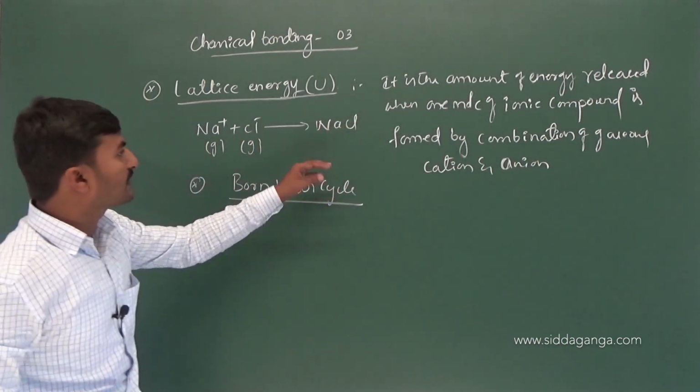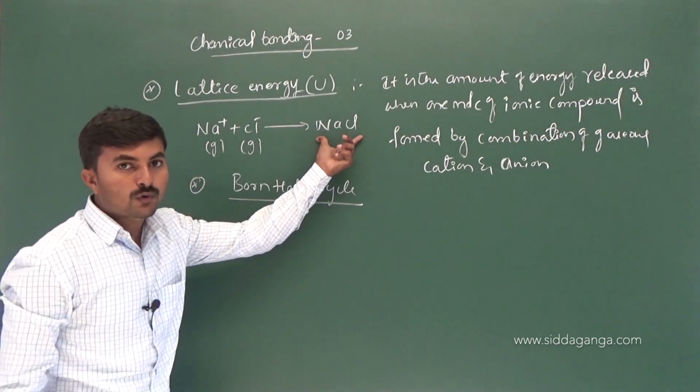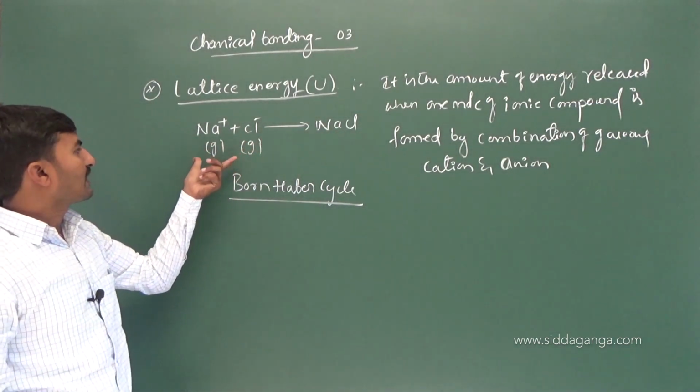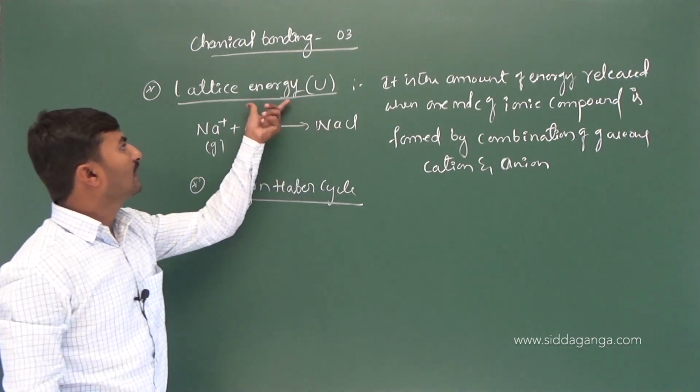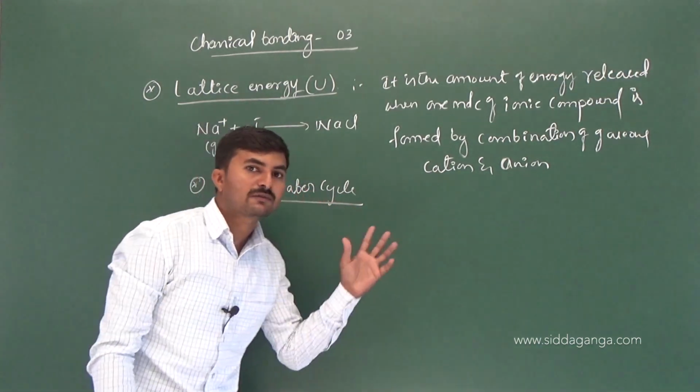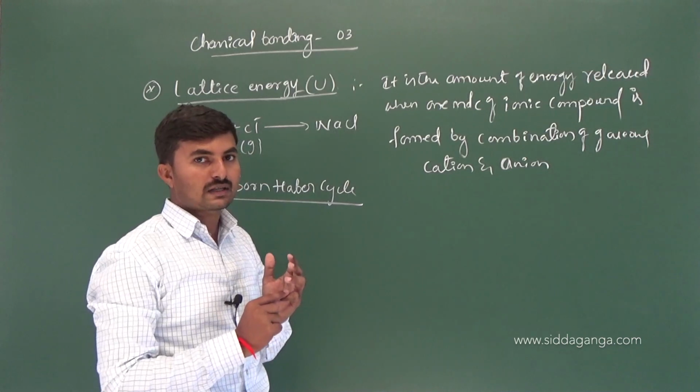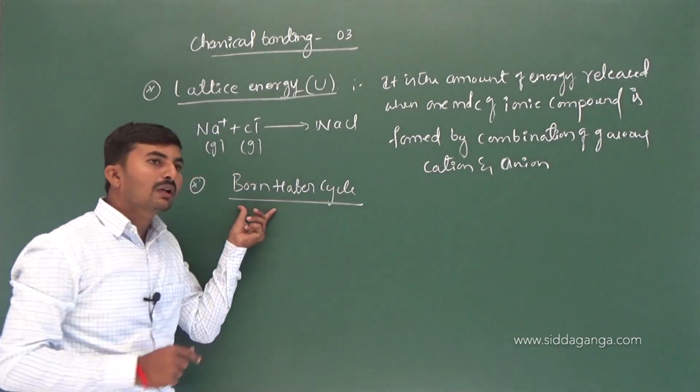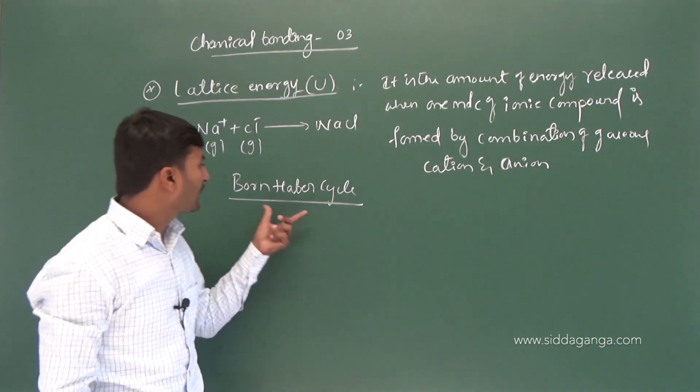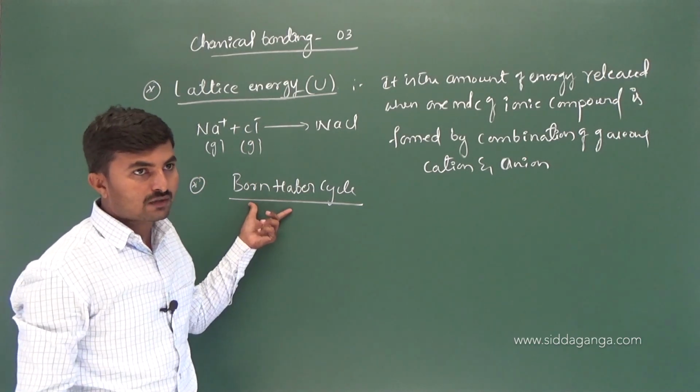The energy released when 1 mole of ionic compound is formed from its gaseous cation and anion is called lattice energy, and there is no direct method for its calculation. One indirect method is there, that is the Born-Haber cycle.